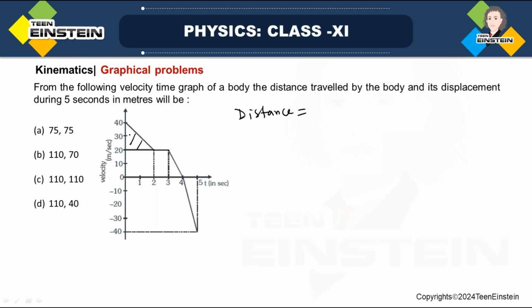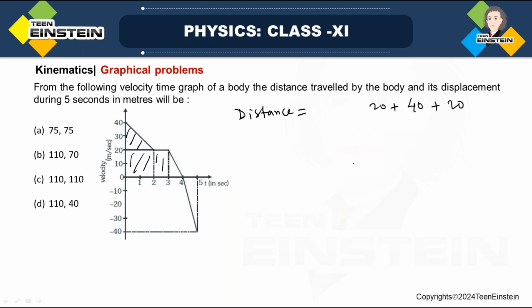see area under this part is half base into height, half base is 2 actually into height is 20 meter, plus this part is a square like a rectangle, this is 2 and this is 20, so that will be 40, plus this one is another rectangle, 1 into 20, so this will give you 20, and this, anyway I'm not writing half and all, so this will be 20 itself.